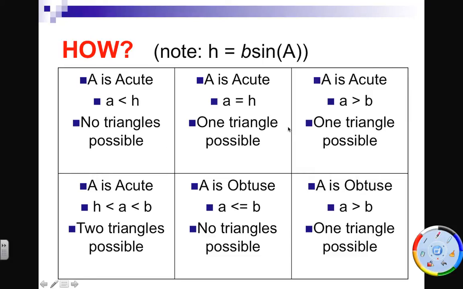But there's 6 variations that occur when you're given the ASS version. And what I want to point out to you is the first 4 variations occur when A is an acute angle, and the last 2 occur when A is obtuse.